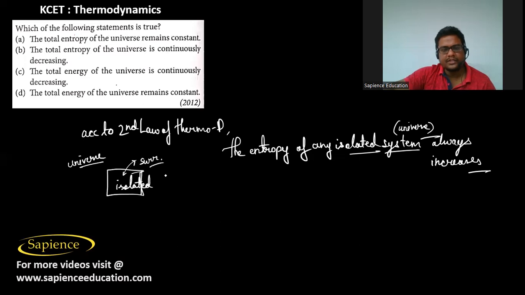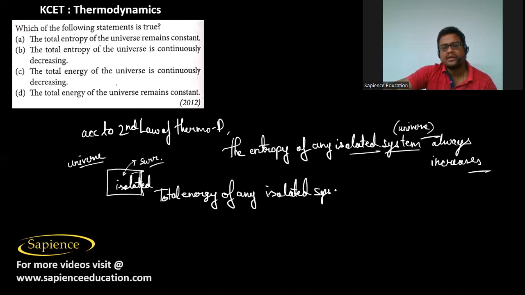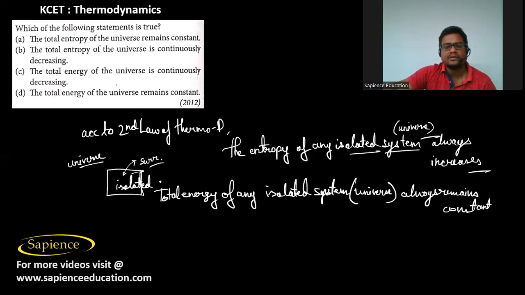So the total energy of any isolated system, for example the universe, always remains constant, since there is no exchange of heat or energy between the system and the surroundings. So option D is the correct answer.